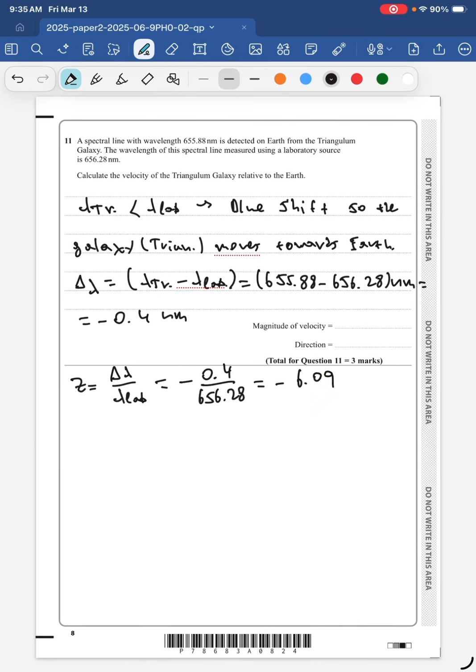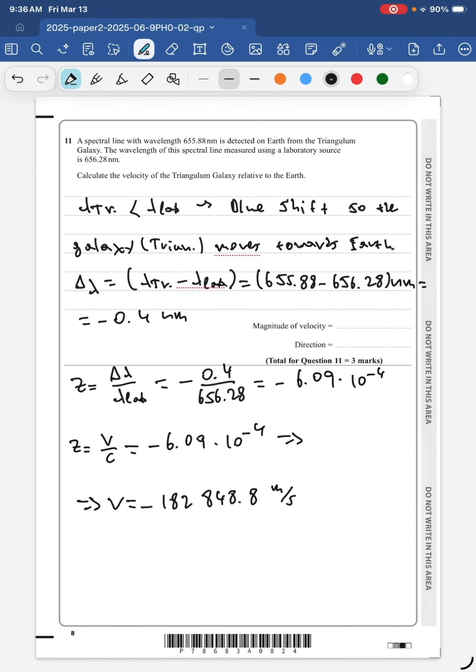So the Doppler factor z is v over c, and this is equal to minus 6.09 times 10 to the negative 4. So v is minus 182,848.8 meters per second, and this thing moves towards us.